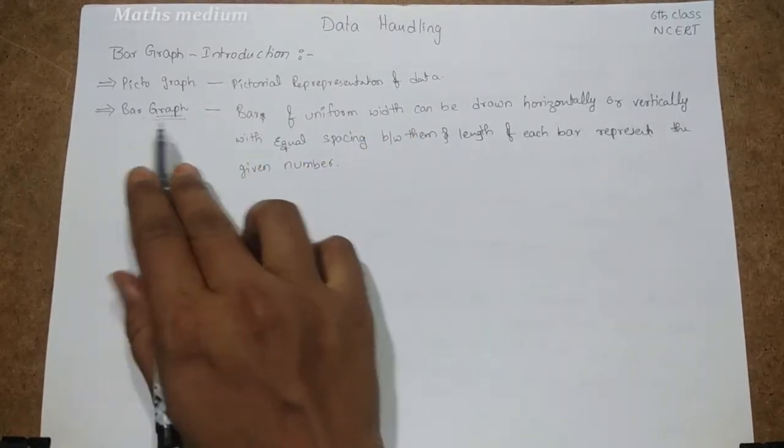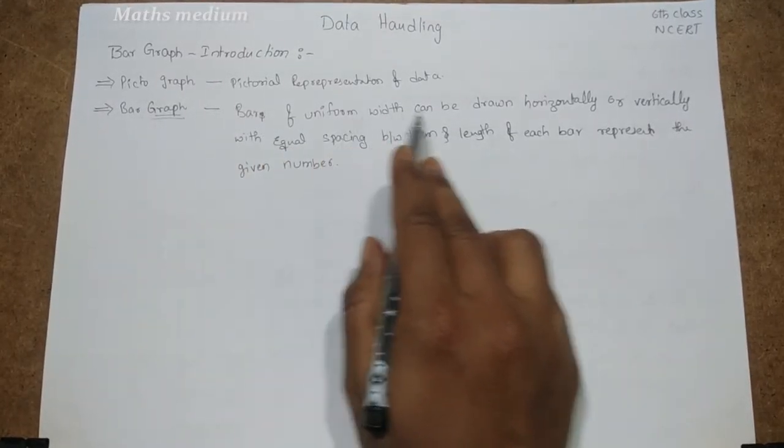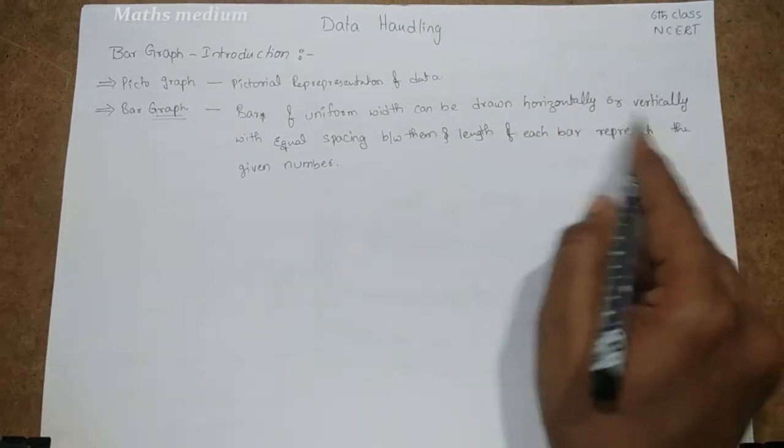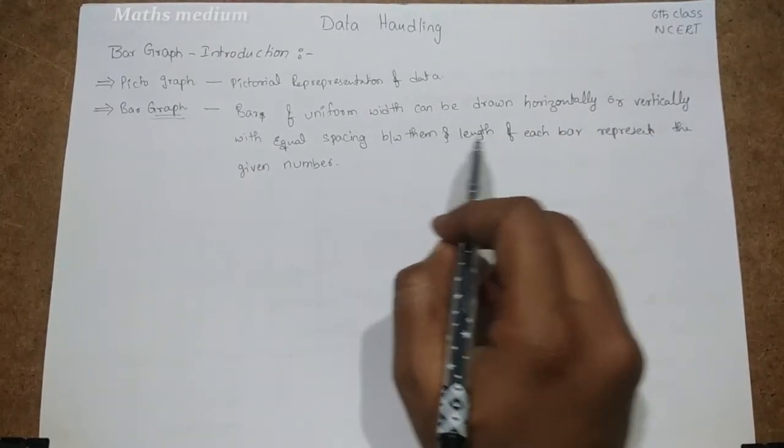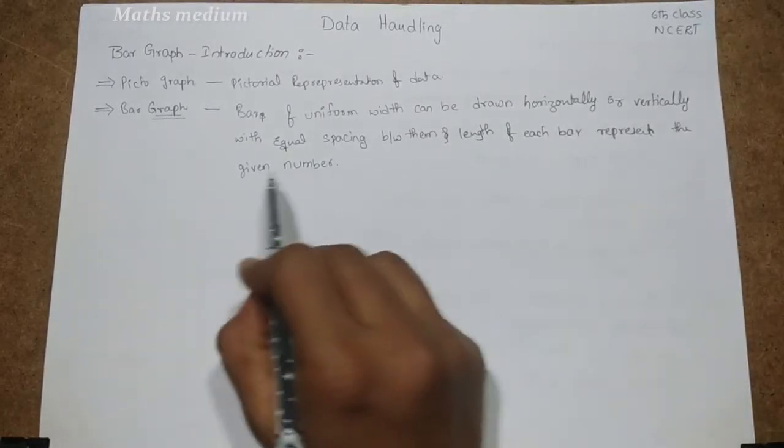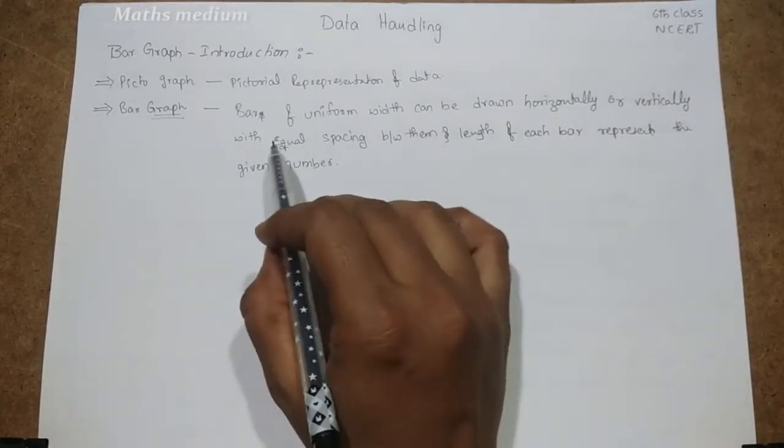Here, a bar graph is nothing but bars of uniform width drawn horizontally or vertically with equal spacing between them, and the length of each bar represents the given number. This is the definition of a bar graph.